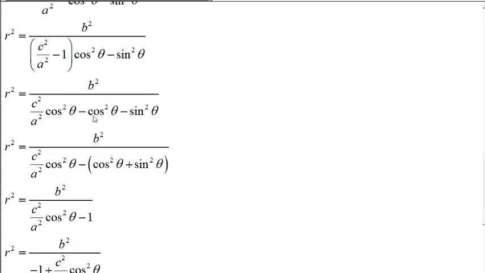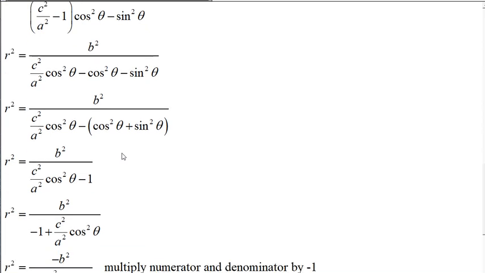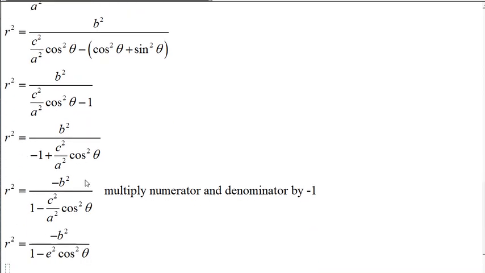Here we have minus cosine squared theta minus sine squared theta. So let's rewrite it as negative, open parentheses, cosine squared plus sine squared. And recall that cosine squared plus sine squared is 1. Rewrite the denominator as negative 1 plus c squared over a squared times cosine squared theta.